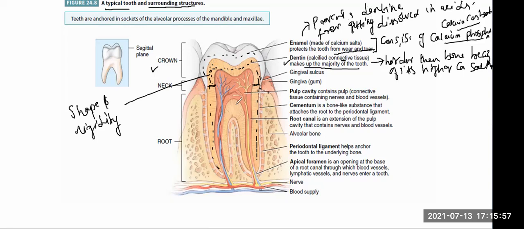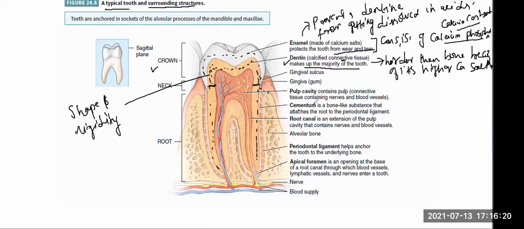Then you have this dentin, as I said, this makes the majority of the tooth, right? And the dentin of the root is covered by cementum, like the dentin which is above the root is covered by enamel. Similarly, the dentin of the root here is covered with cementum.